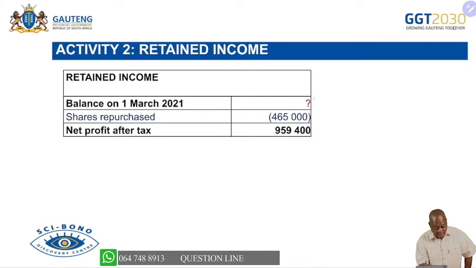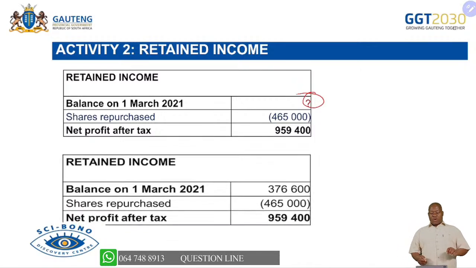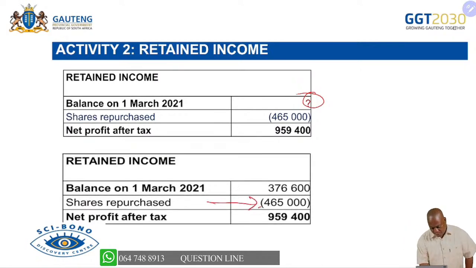The balance here is a question mark, but we know what it is, right? And then we have got the repurchase, 465,000. Now, this is the information that we have. So we are going to take this figure into our retained income note, and you can see what it looks like. Because this figure, we got it from that information, and this figure, we already had it when we started.